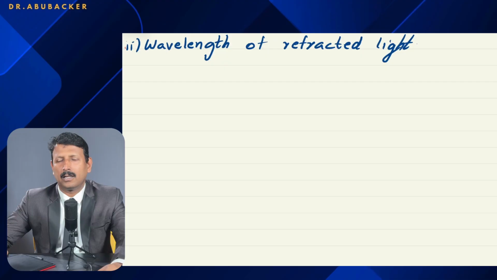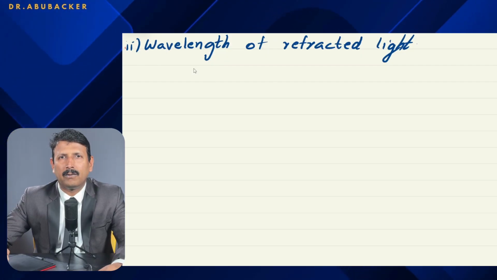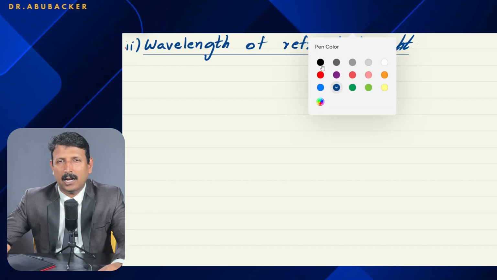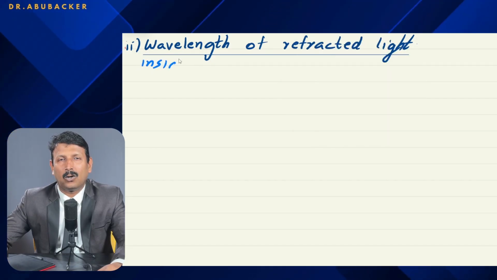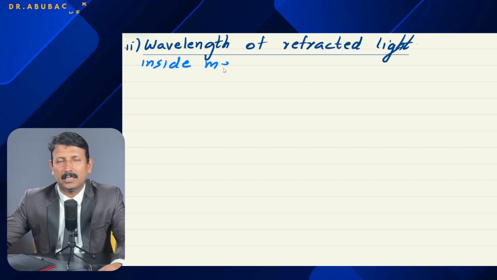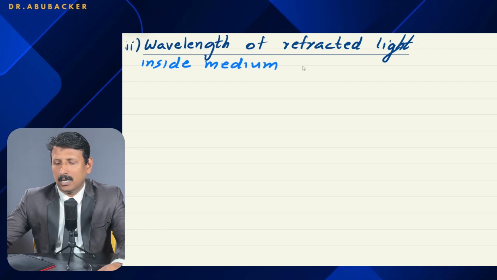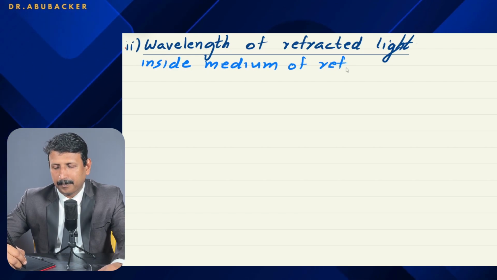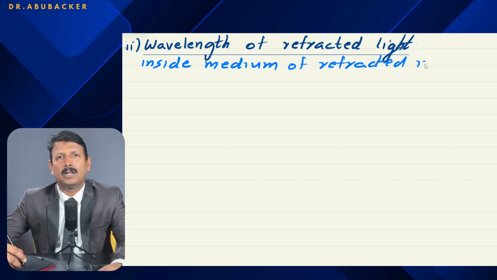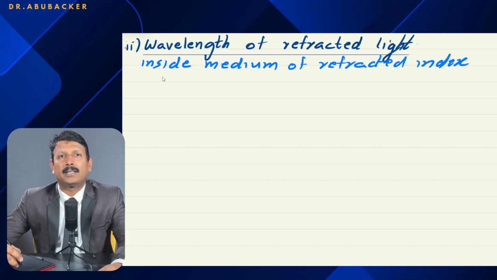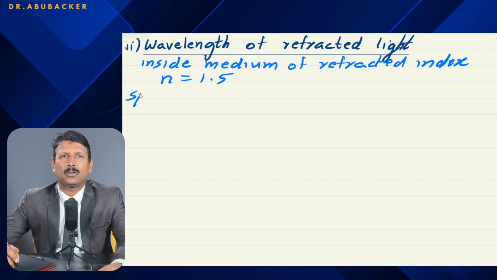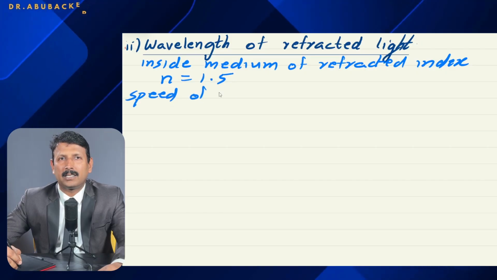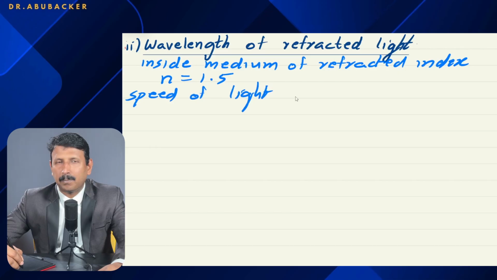Simple procedure, right? Now we work on the wavelength of the refracted light. Remember, during refraction the ray is in the second medium after refraction, so there will be a speed change and a wavelength change. Inside the medium of refractive index n equal to 1.5, as given in the question, we can write the speed of light.